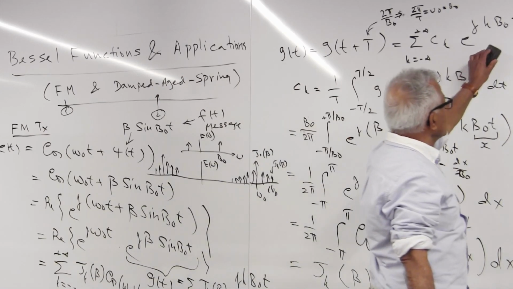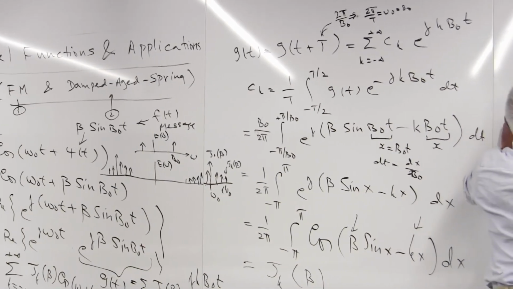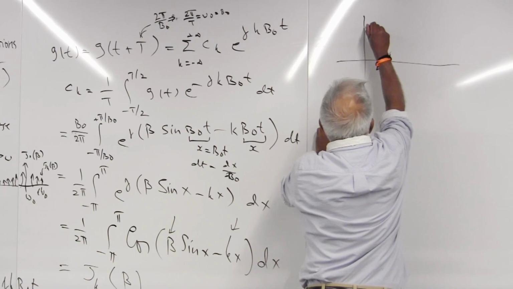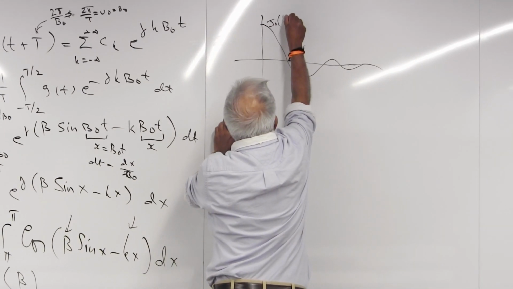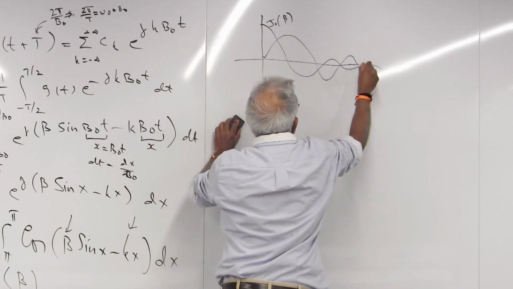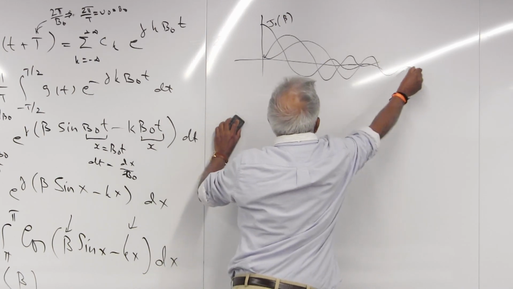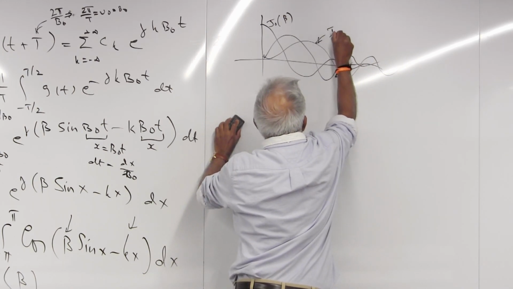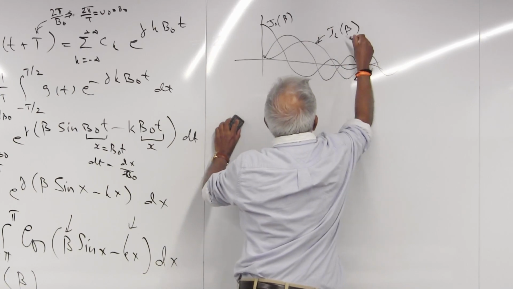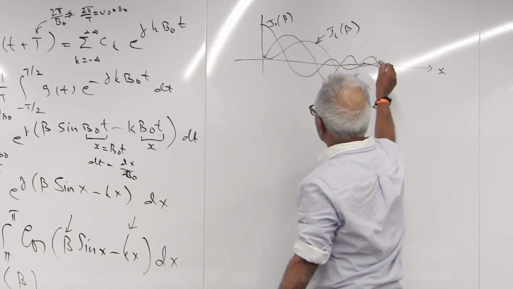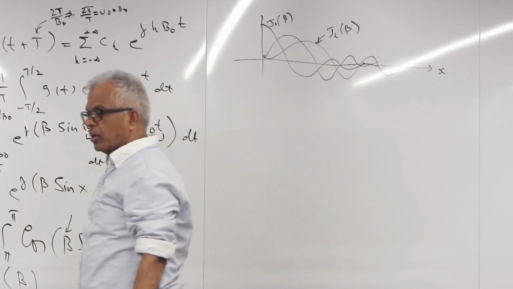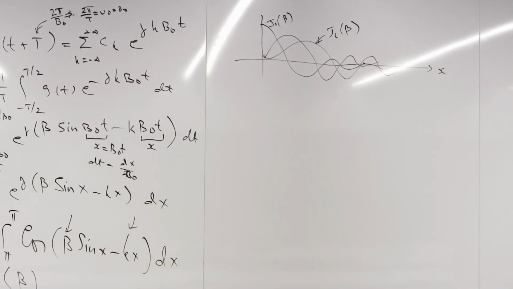They are plotted essentially, they go like this. This is J0 of beta, and all the other J terms come from there, and these are the zero crossings. They have several properties and so on.